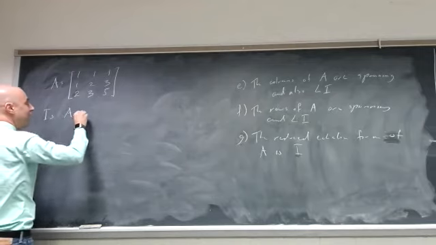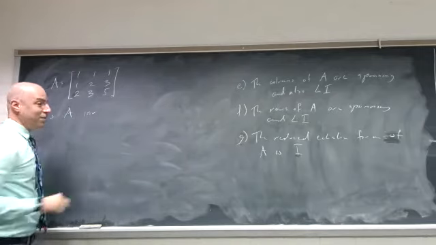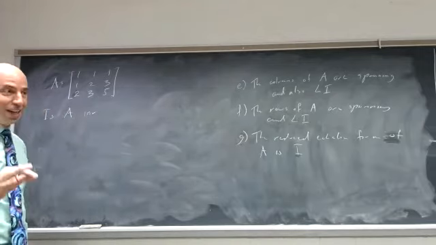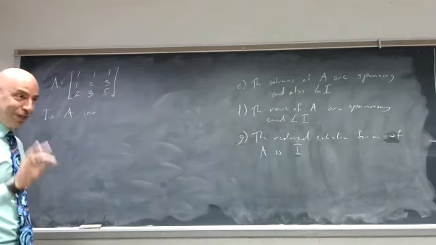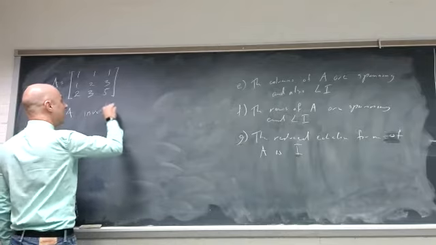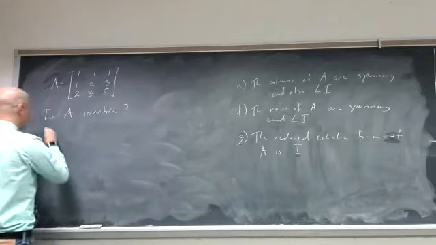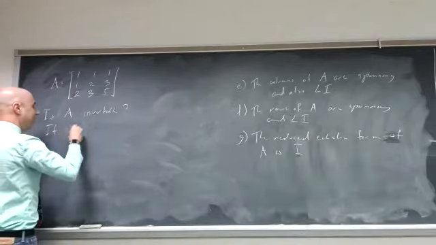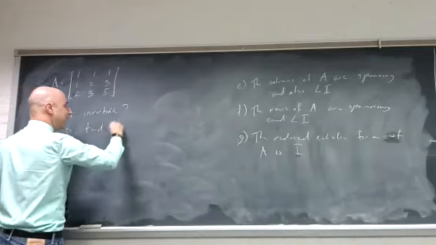Is A invertible? Now, this time it's square, so I'm not pulling your leg. It could be invertible. It might not be, but it could be. Is A invertible? If so, find A inverse.